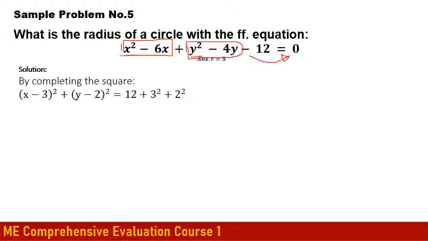So 6 divided by 2, that is 3. So that's why we have here 3. And then we have a minus sign because the sign between them is negative. And we will put the square of 3 here on the right side because we added the positive 3 also here, so we will add positive 3 also here.